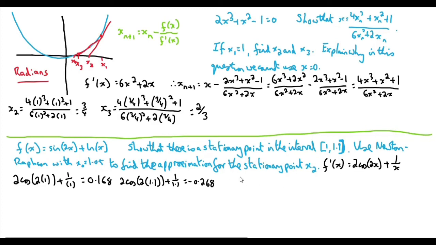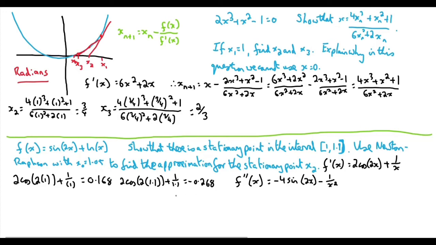So here, cos differentiates to minus sine, and once again you times by the differential of what's in the brackets. So we end up with minus 4 sine 2x, and then this, because this is like x to the minus 1, is going to differentiate to minus 1 over x squared, or minus x to the minus 2.